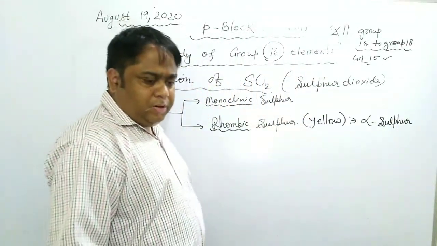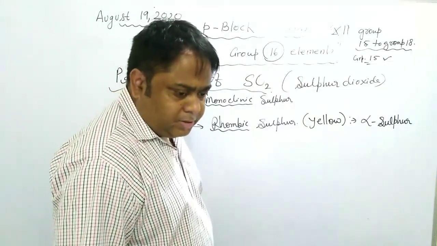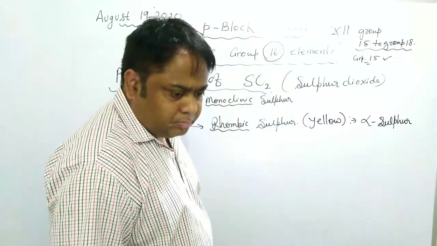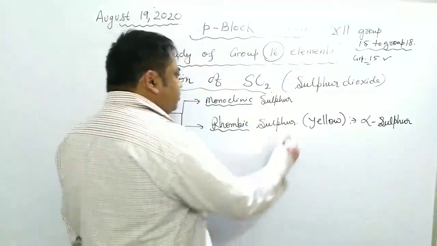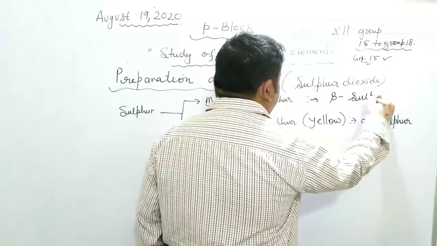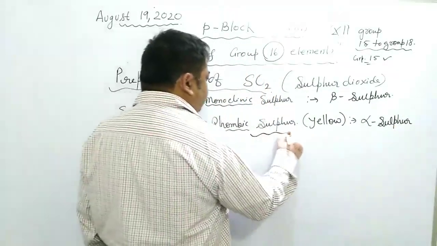And monoclinic sulfur is called beta sulfur. Rhombic sulfur is known to be more stable.